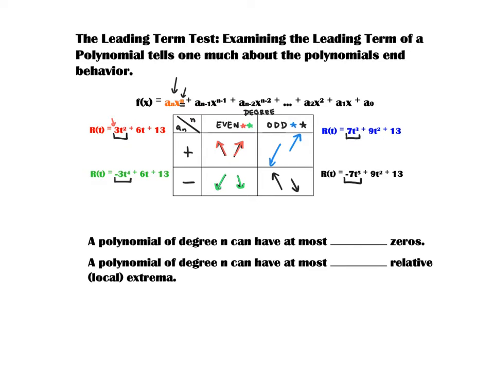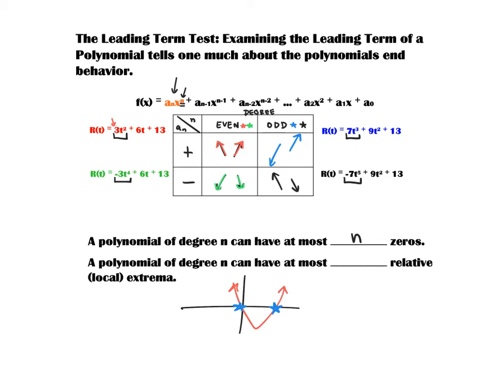So let's talk a little bit about zeros and relative extrema. A polynomial of degree n can have at most n zeros, which makes sense, right? So if I had a quadratic, like the red function above, it could have at most 2 zeros. Could it have 1? Sure. Could it have 0? Yes. Okay.